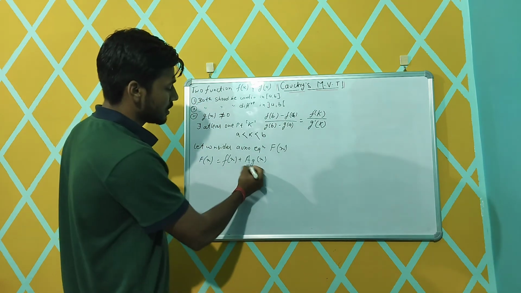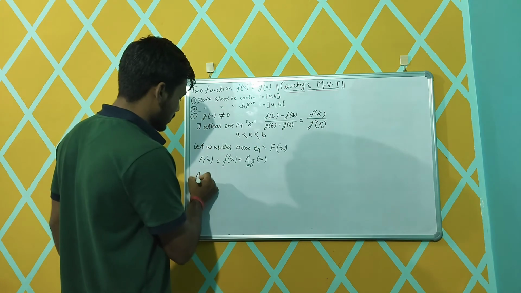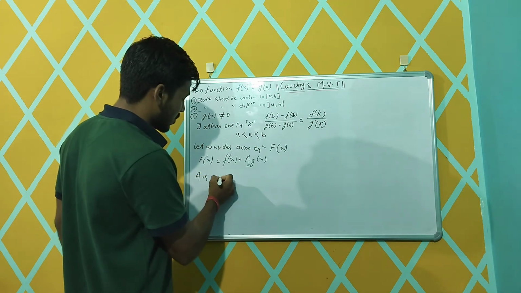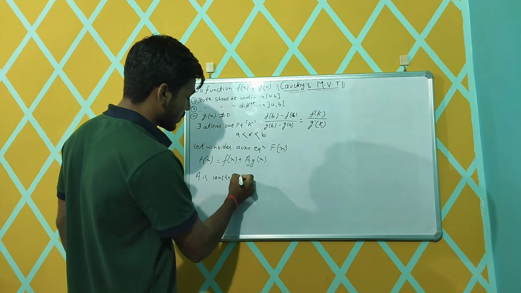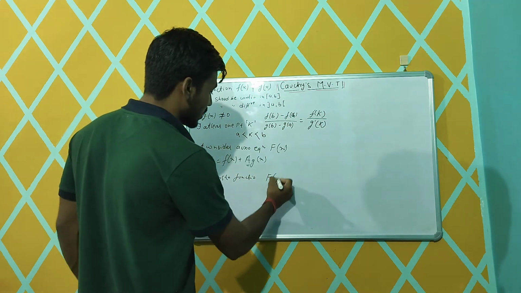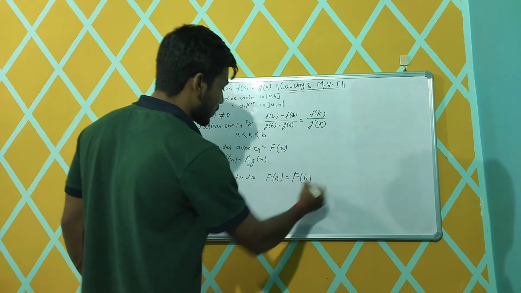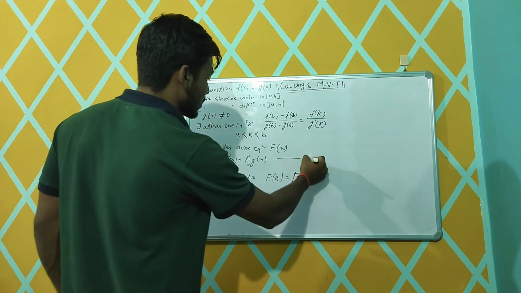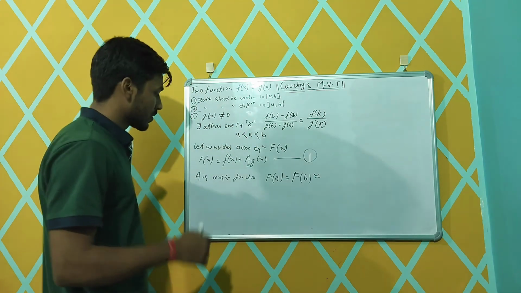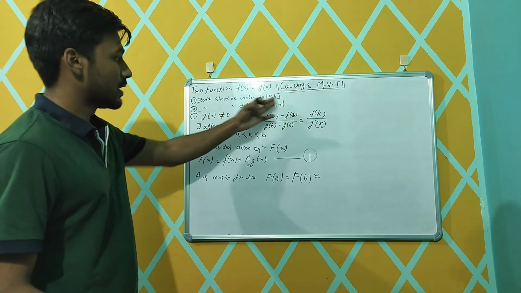Here a is a constant. From there we can say F of a is equal to F of b. Keep this in mind. This is our first equation.